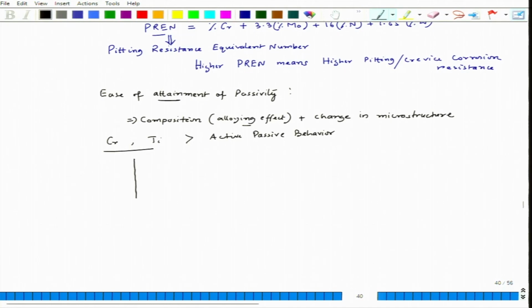Let us say we have this diagram, E versus log I. Here it is ampere per centimeter square, and this is voltage. Now, this material shows active passive behavior. This is my equilibrium potential for chromium, and it goes like this.